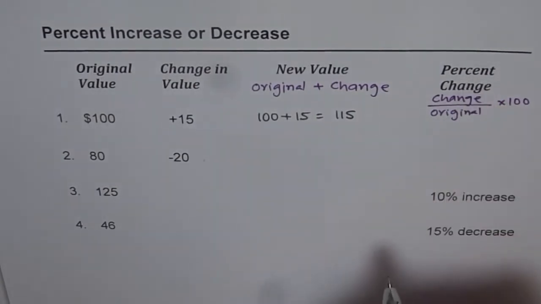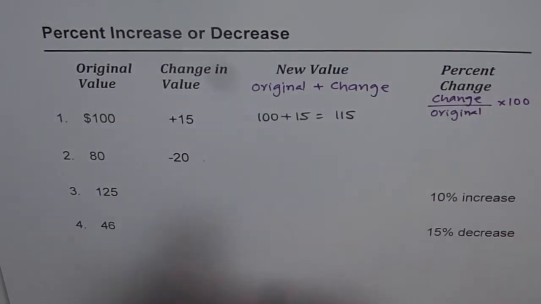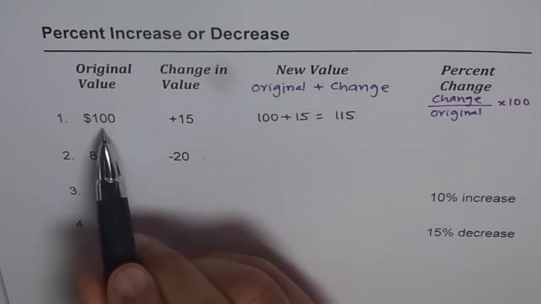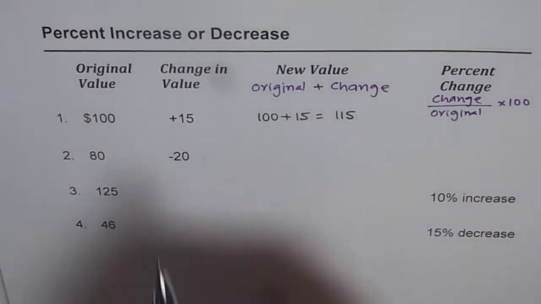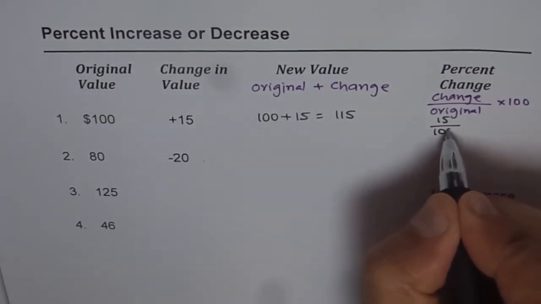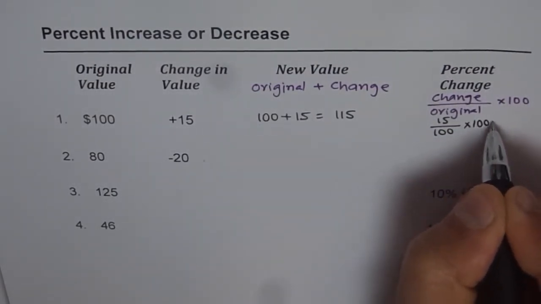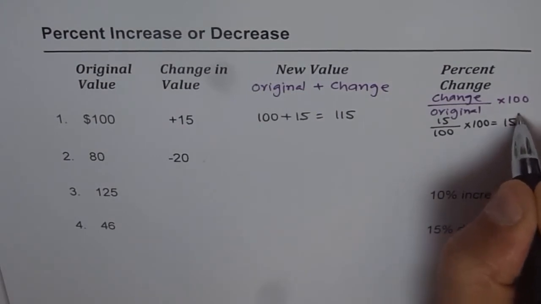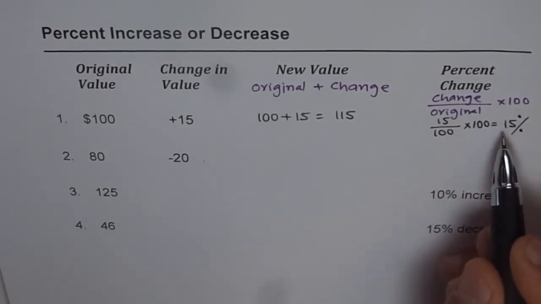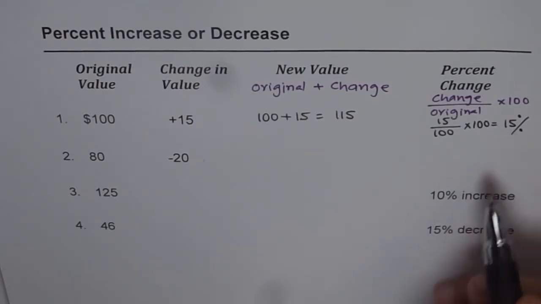What is the percent change? For percent change, we do change in value divided by original value times 100. Change in value is plus 15, so I'll just write 15 over 100 times 100, and that gives us 15%. So the change in value is 15%, and since it is positive, it is an increase.